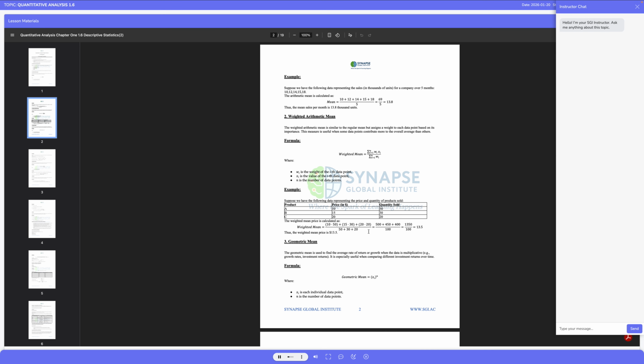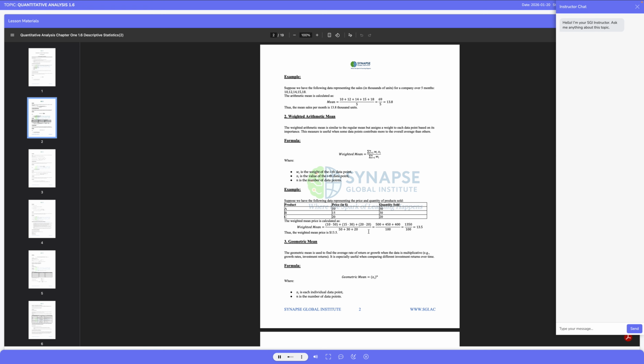For example, suppose a business sells 3 products with different prices and quantities sold. Product A has a price of 10 and a quantity sold of 50, Product B has a price of 15 and a quantity sold of 30, and Product C has a price of 20 and a quantity sold of 20. To find the weighted mean price, each price is multiplied by its quantity sold, giving 500, 450, and 400 respectively.